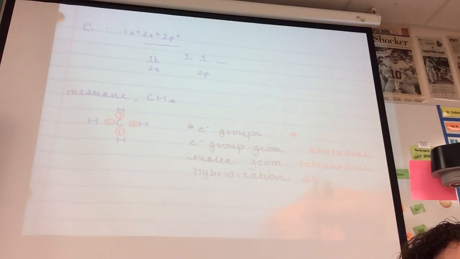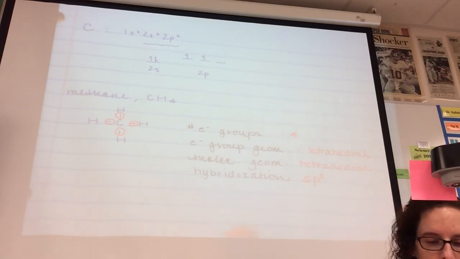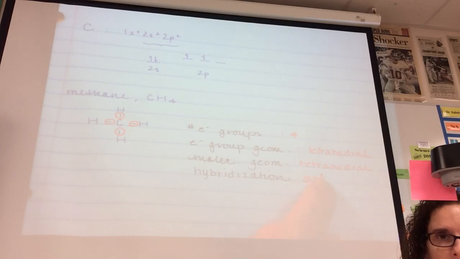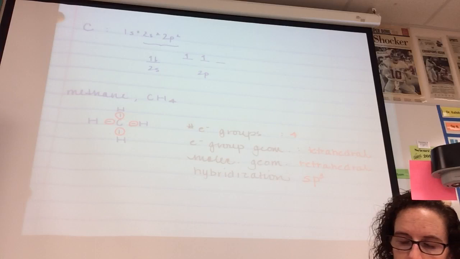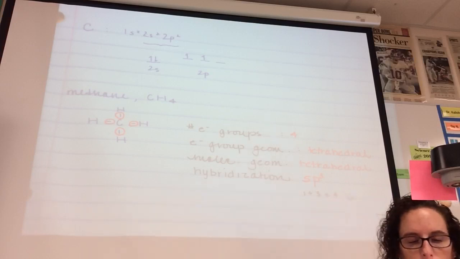This is sp3. And the way you can prove that is if you add the superscripts here, 1 plus 3 makes 4. That's the key to doing it correctly. So if you add the superscripts there, 1 plus 3 equals 4, and you've got yourself a winner.